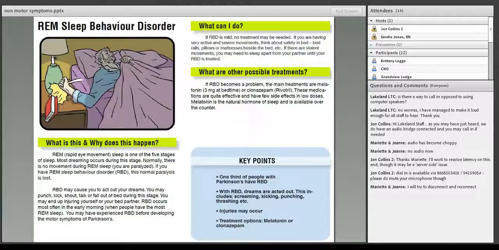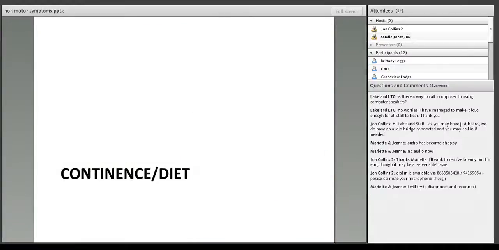One particular medication that I think can really help: melatonin can sometimes help, but there is another medication called clozapine that is very, very helpful for people with rapid eye movement sleep behavior disorder, and it can often cut the behaviors out altogether, which is of great reassurance, especially to the care partners of these individuals. Okay, so the next slide I have on my list, thank you, involves continence and diet.